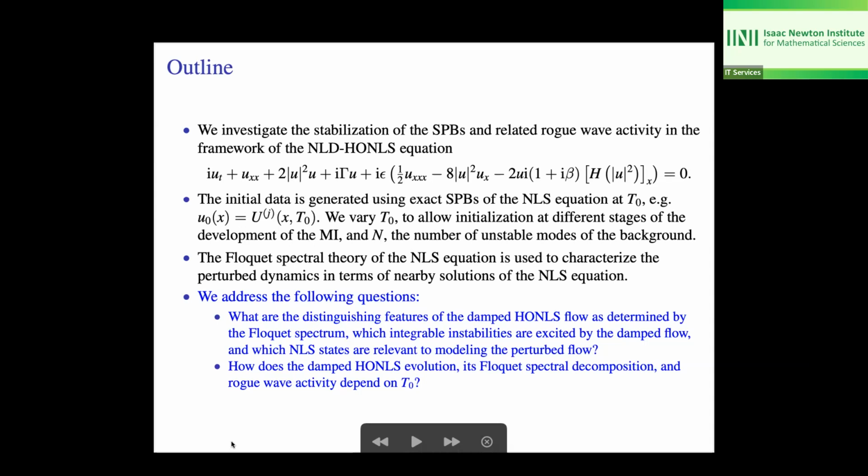And so the questions that we are interested in addressing are: what are the distinguishing features of the damped higher order NLS flow as determined by the Floquet spectrum? Which integrable instabilities are excited by the damped flow, and which NLS states are relevant to modeling the perturbed flow? And also, how does the damped higher order NLS evolution and its Floquet spectral decomposition depend upon T naught, the rogue wave activity?